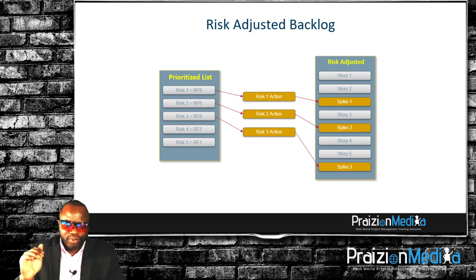We take the approach of using spikes or elements in our backlog that help us go after those risks to avert disaster on the project or to prevent whatever risk we are observing from happening, to minimize it, to make sure that even if the risk does happen, the effect isn't as much.